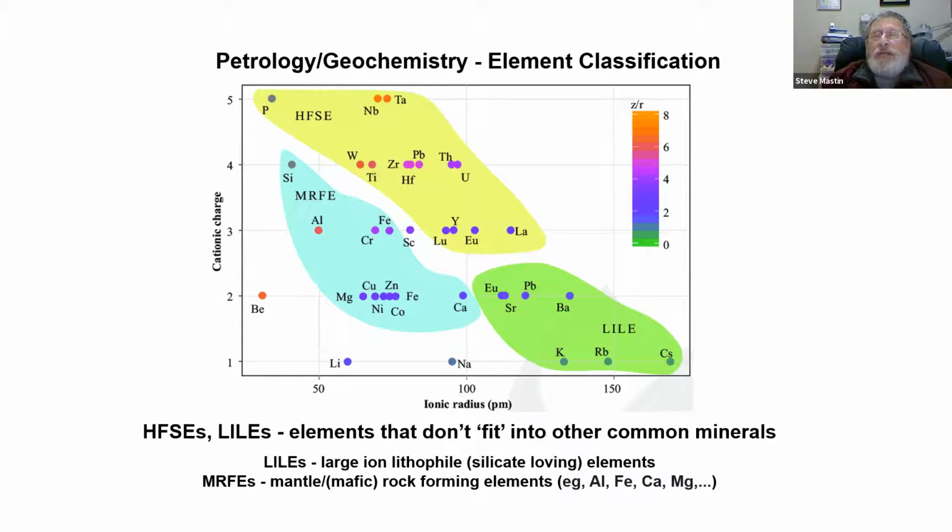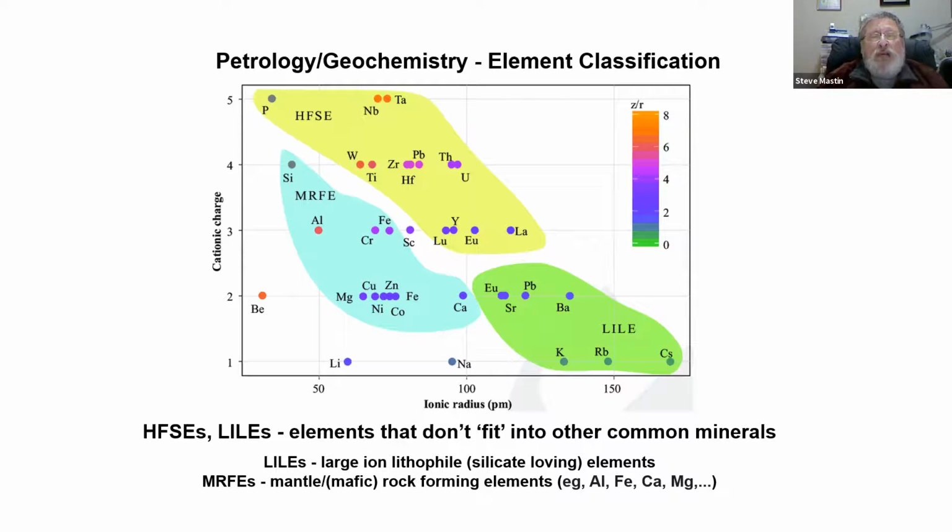And so I'm going to talk about petrology and geochemistry, where I'm using an element classification out of petrology, which is the study of rock formation. And you can see that we've got three different general groups of elements, where the ones in turquoise are the mantle rock forming elements. Those are the ones that are the mafic rocks.